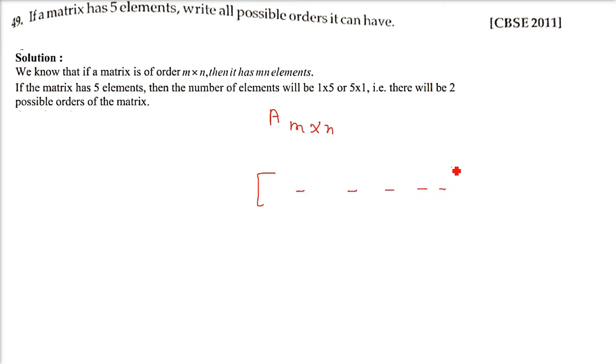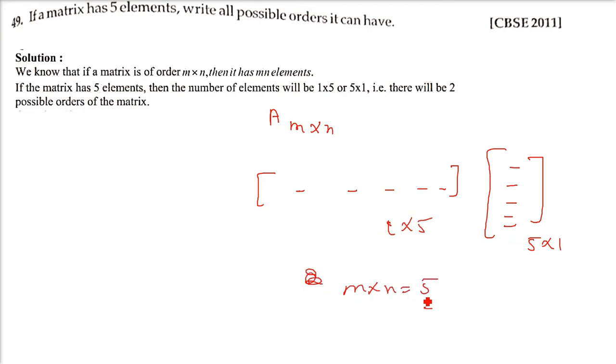So it can be only 1 row 5 columns or 5 rows 1 column. There is no other possibility. Because if I ask you m into n is 5, you can only tell me m can be 5, n can be 1 and vice versa. Okay? So there are only two possibilities.